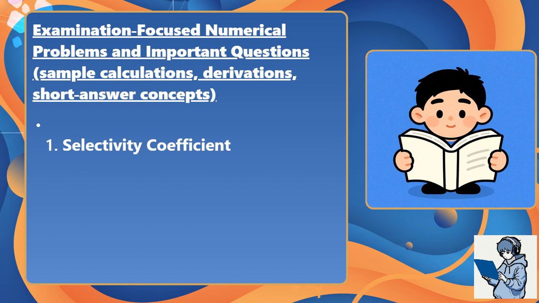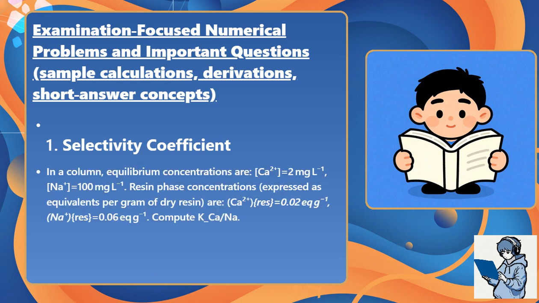2. Selectivity coefficient. In a column, equilibrium concentrations are calcium 2+ equals 2 milligrams per liter, sodium + equals 100 milligrams per liter. Resin phase concentrations expressed as equivalents per gram of dry resin are calcium 2+ sub R equals 0.02 equivalents per gram, sodium + sub R equals 0.06 equivalents per gram.